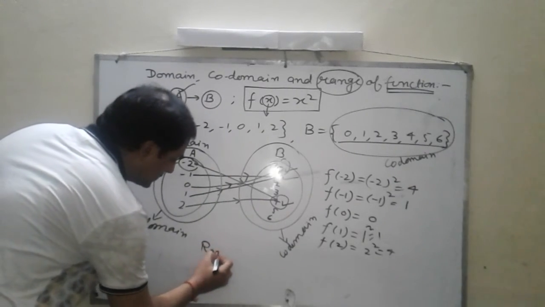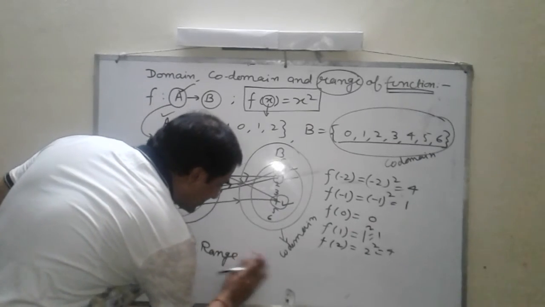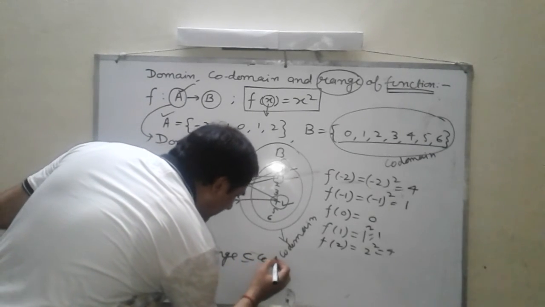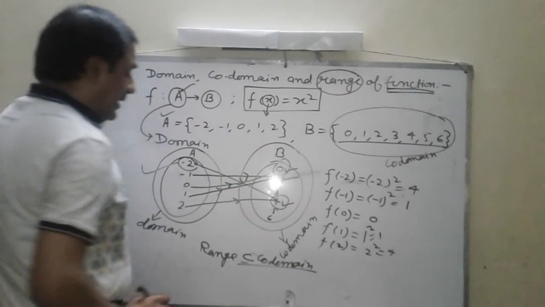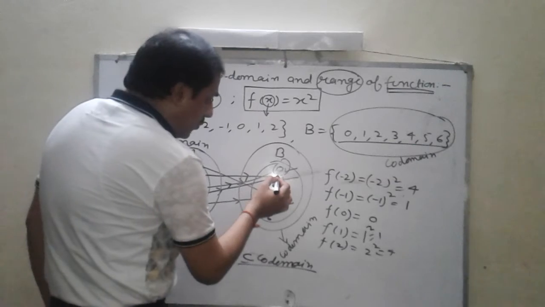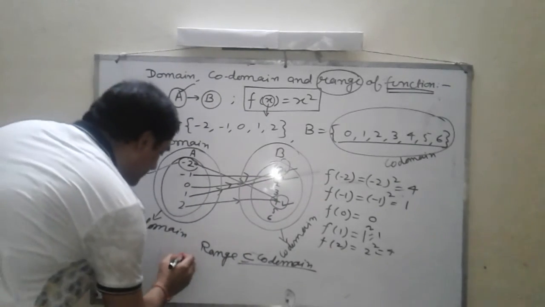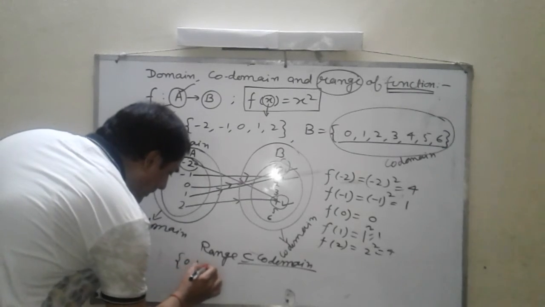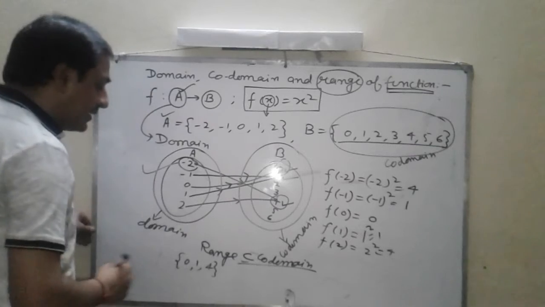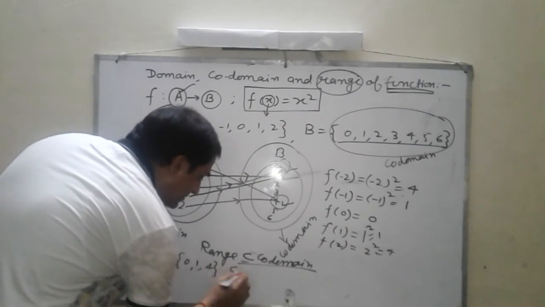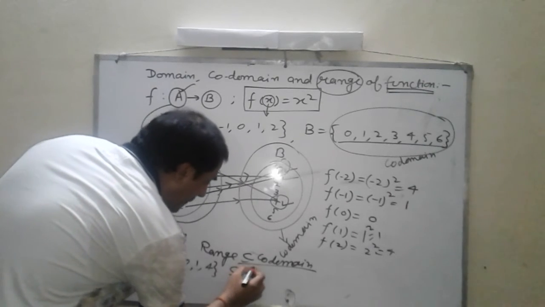Range is the subset of codomain. Here 0, 1 and 4 are the range of this function. So here you observe that this is a subset of codomain.